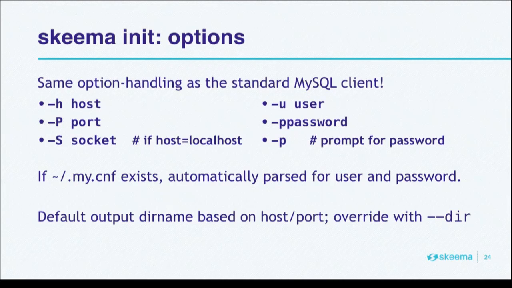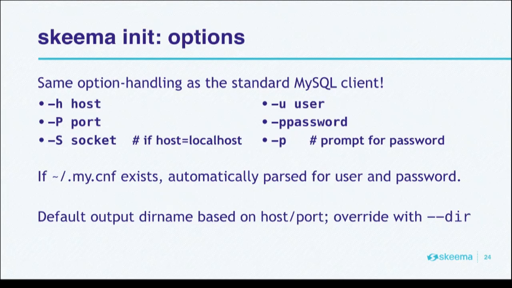If you just supply -p, it will prompt you. If you supply an actual password on the command line, which is terribly insecure, but you can do it, you need to not have a space there. Exactly like using MySQL command line client. If a .my.cnf file exists in your home directory, it will be parsed just for user and password. Any other options in there are ignored.